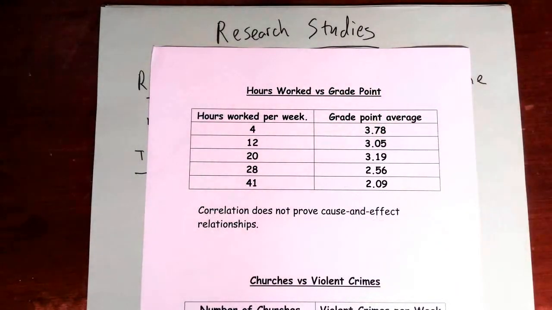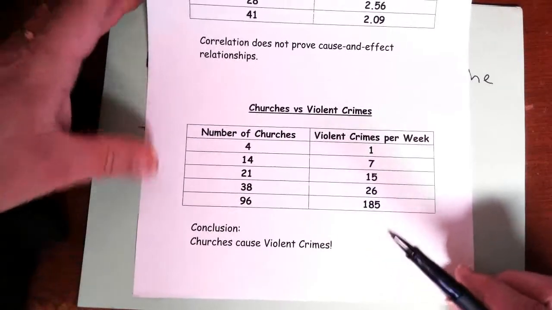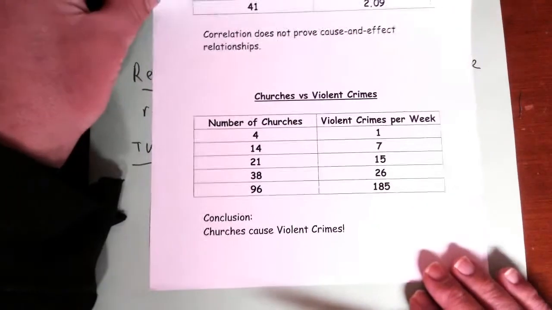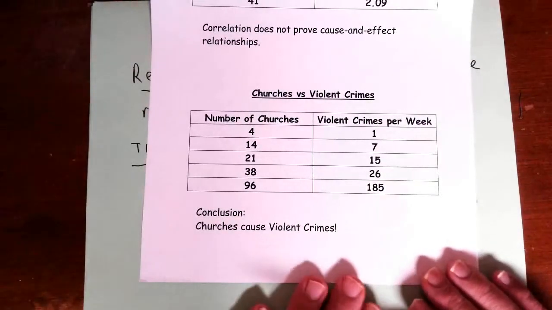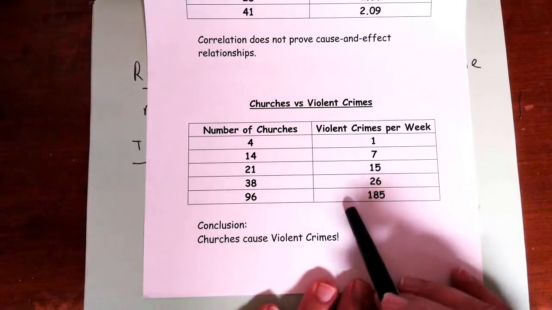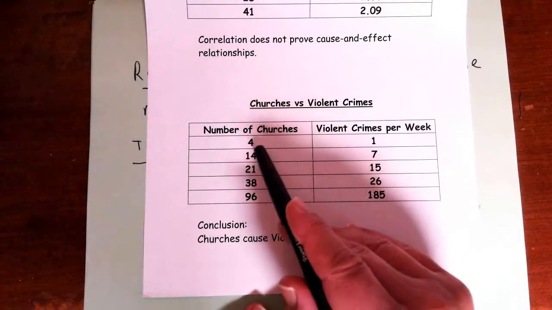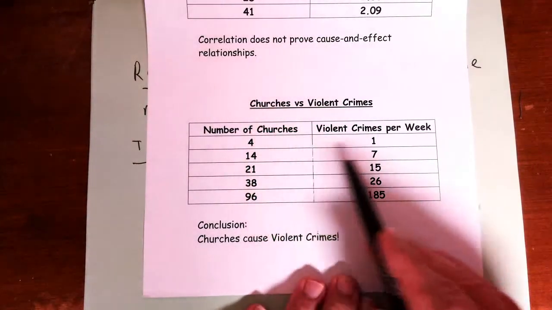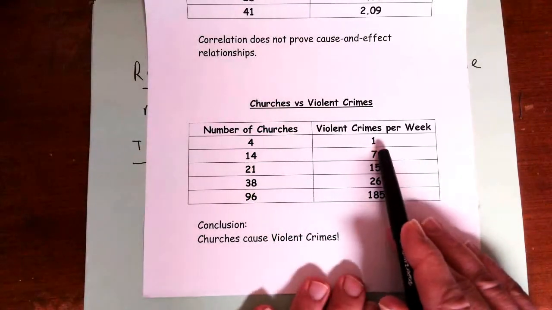Okay, so here's an example to help you see that. Okay, so this is a researcher that would like to know, is there a relationship between churches and violent crimes? So they do a study. They take a random sample of 5 cities, and they count both the number of churches and the average number of violent crimes per week.